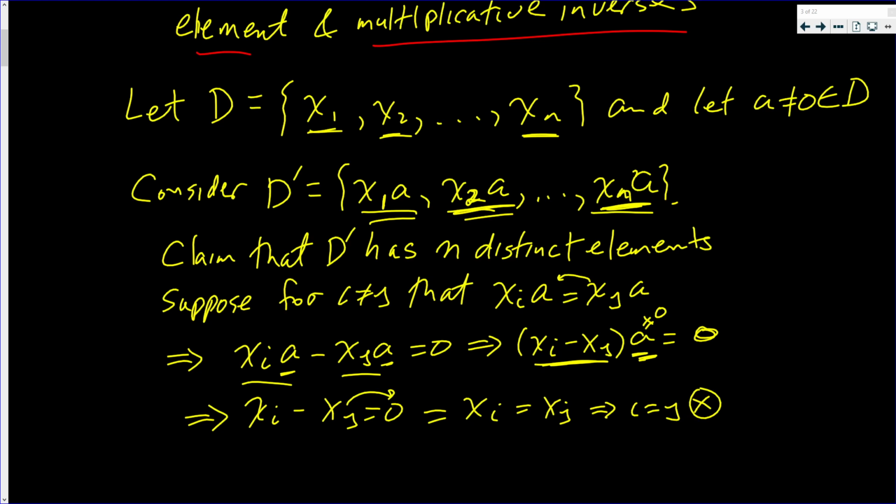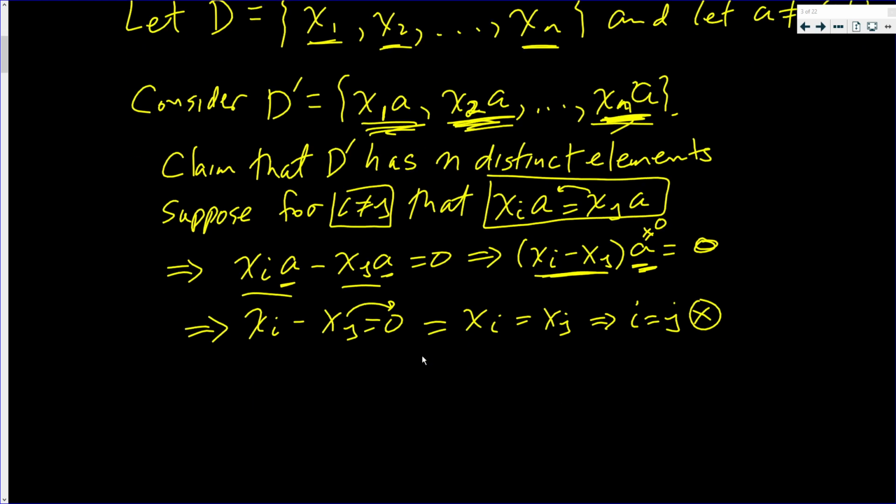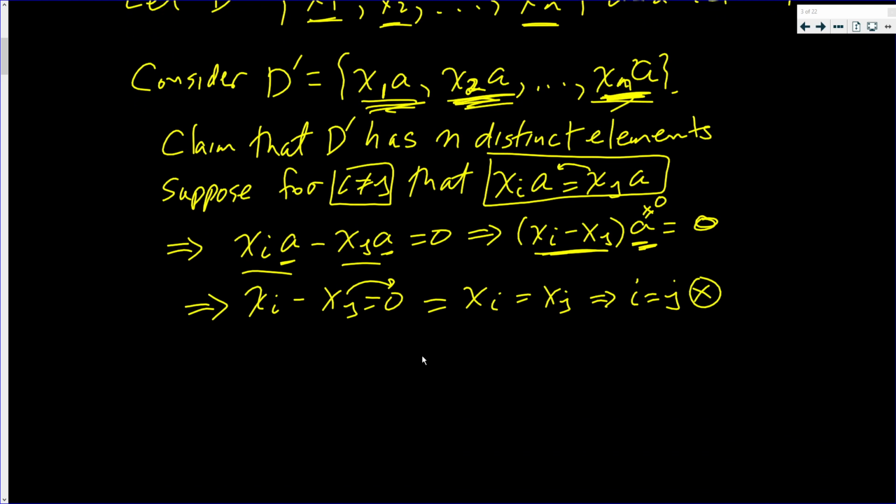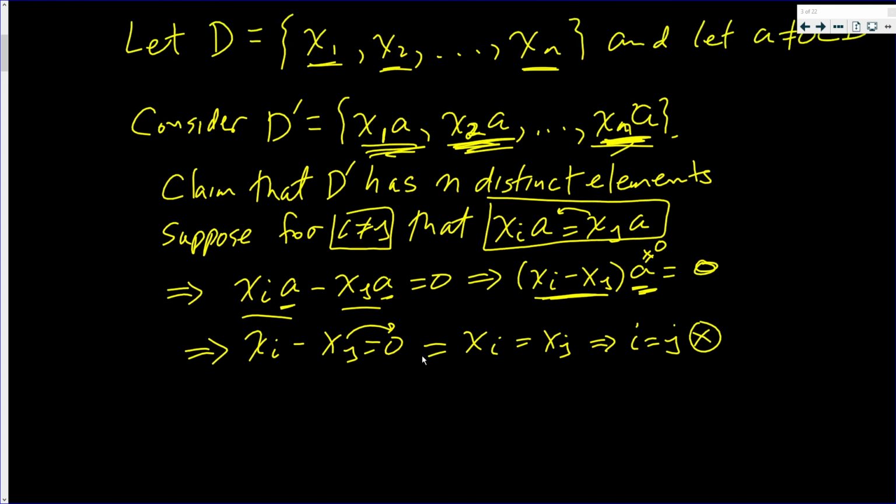We supposed that for i not equal to j, there were two different elements in D that were in fact equal, and we found out no, we're wrong. So the claim has been established. D prime has n distinct elements.